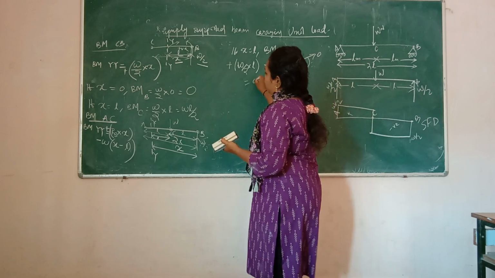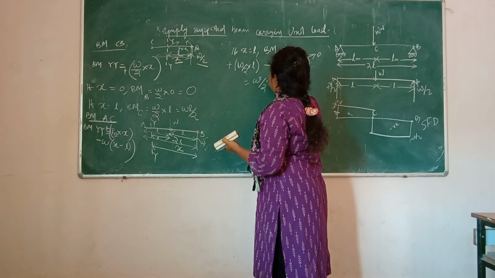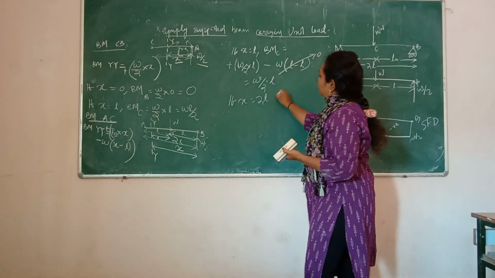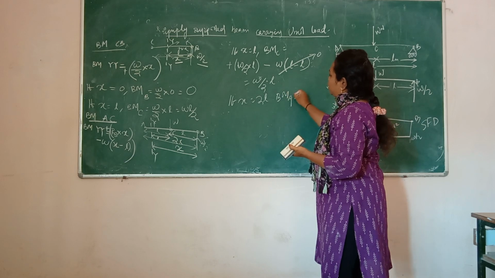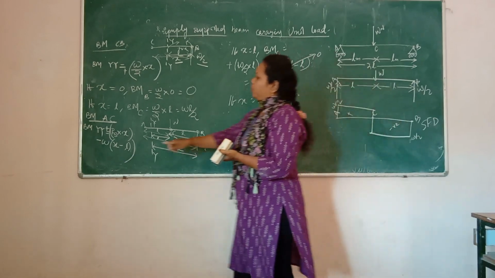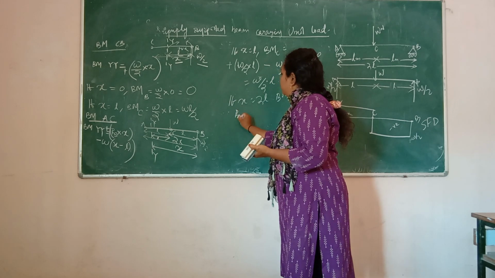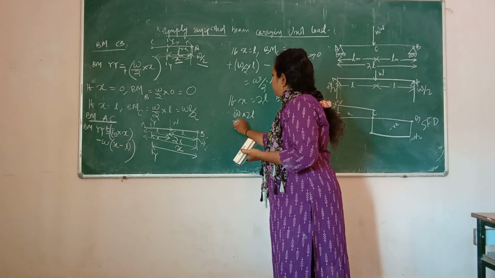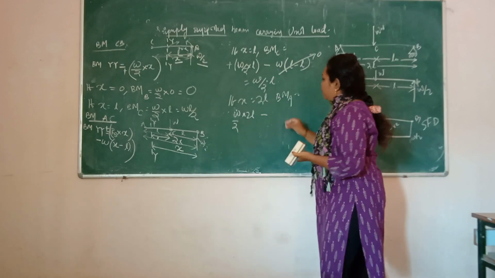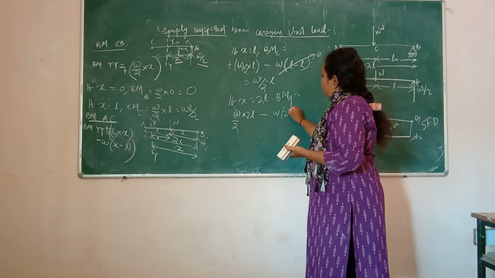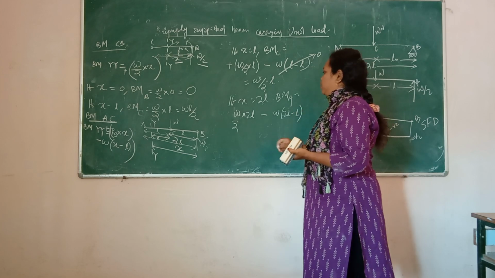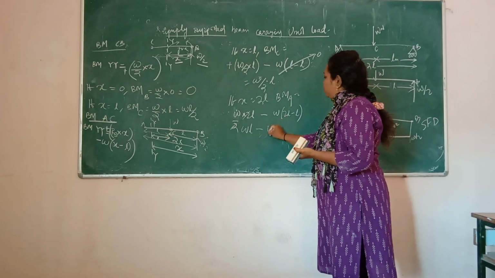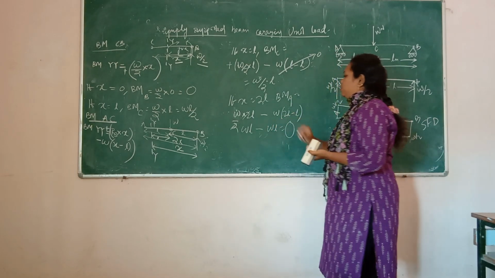So bending moment at point C is W/2 into L. If x is equal to 2L, then bending moment at point A is equal to, now put the value here, RB into 2L. RB is equal to W/2 minus W into 2L minus L. This one is WL minus this one also W into L, which is equal to 0.